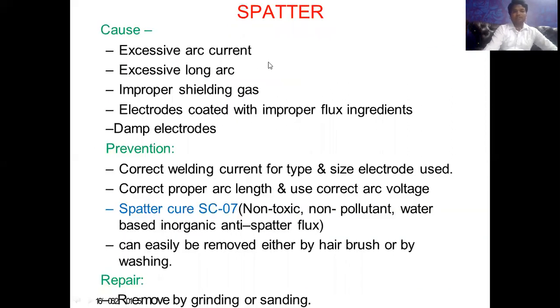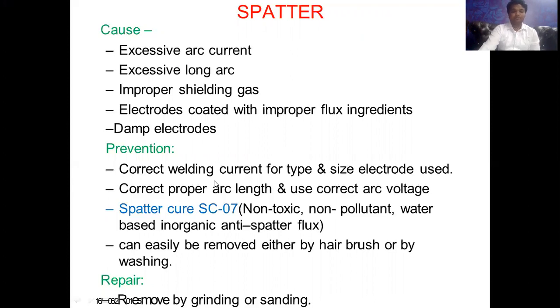The causes are excessive arc current, excessively long arc, improper shielding gas, electrodes coated with improper flux ingredients, and damp electrodes. Preventions: correct welding current, correct type and size of electrodes, correct arc length, and correct voltage.